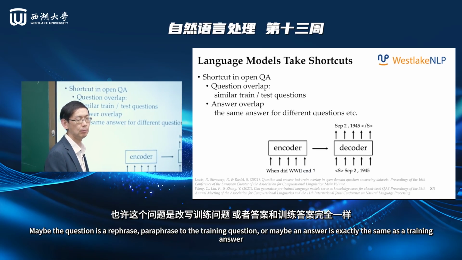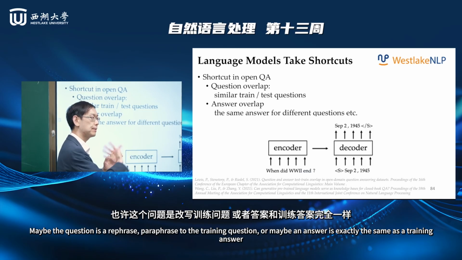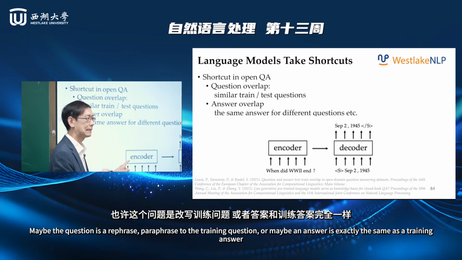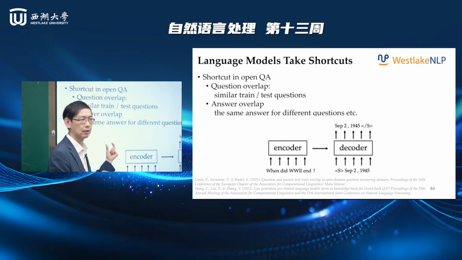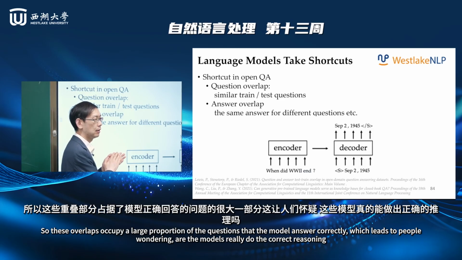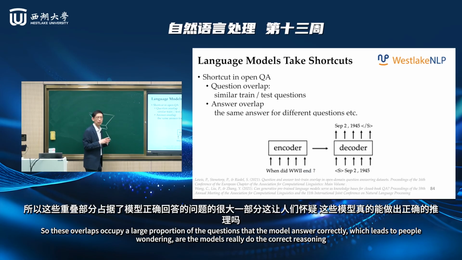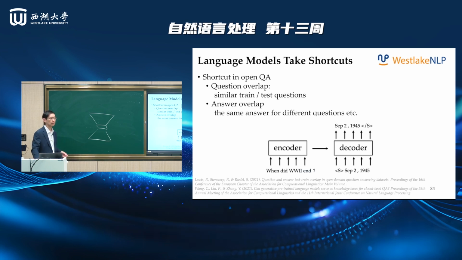Maybe the question is a rephrase or paraphrase of the training question. Or maybe an answer is exactly the same as a training answer. So these overlaps occupy a large proportion of the questions that the model answered correctly, which leads people to wondering, are the models really doing the correct reasoning?